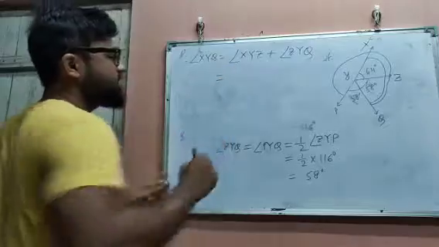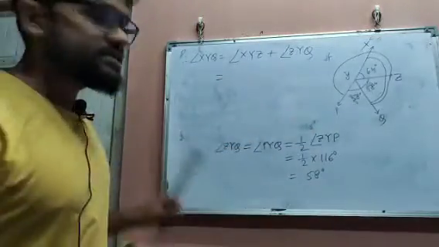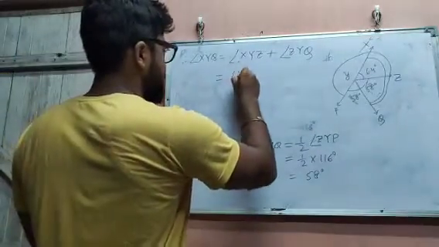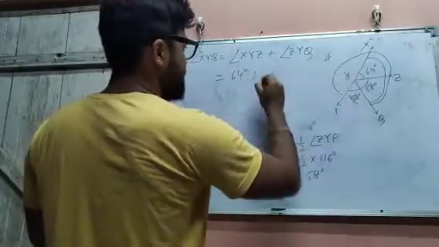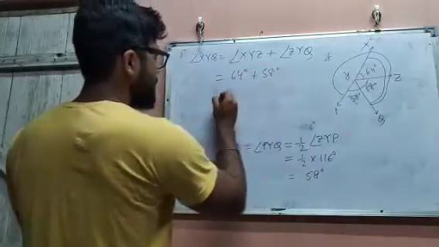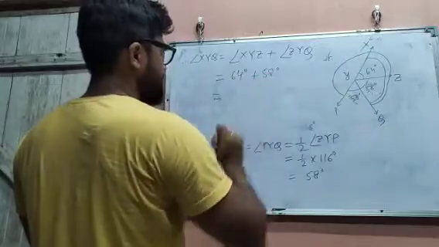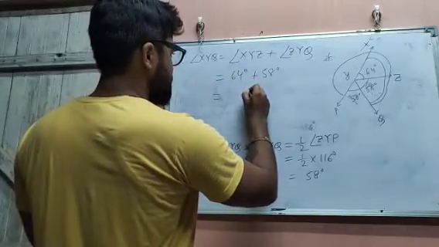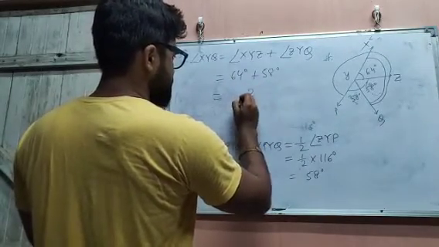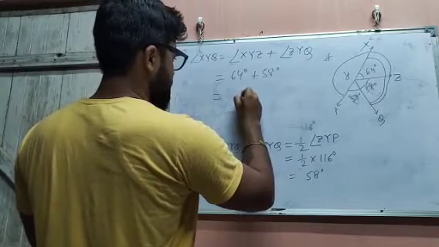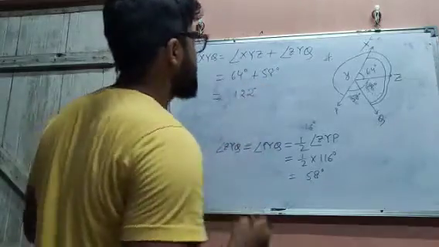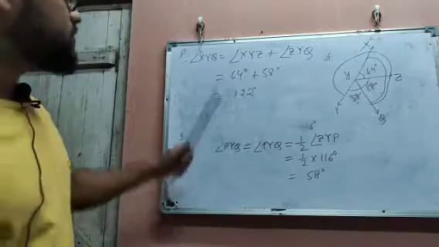XYZ value is 64 degree and this becomes 58 degree, so we write 64 plus 58. We are getting 122 degree.